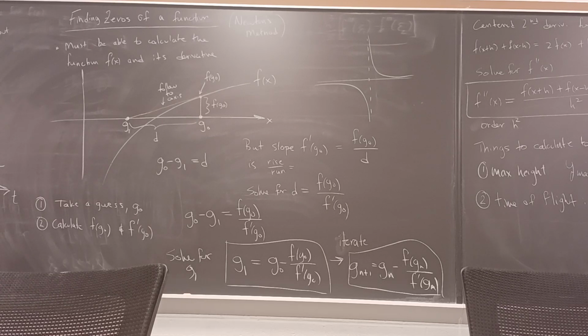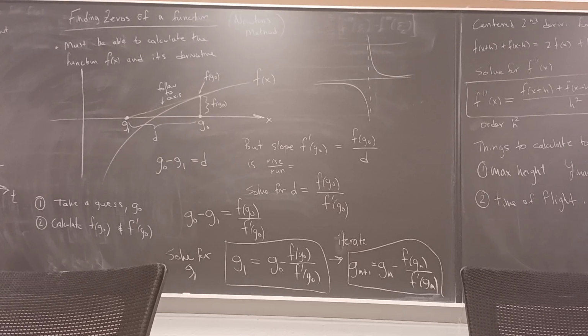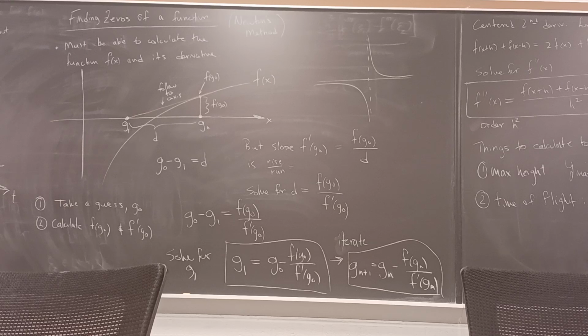So we would essentially just iterate until G(n+1) equals Gn. It'll converge, so you'll have smaller and smaller differences.